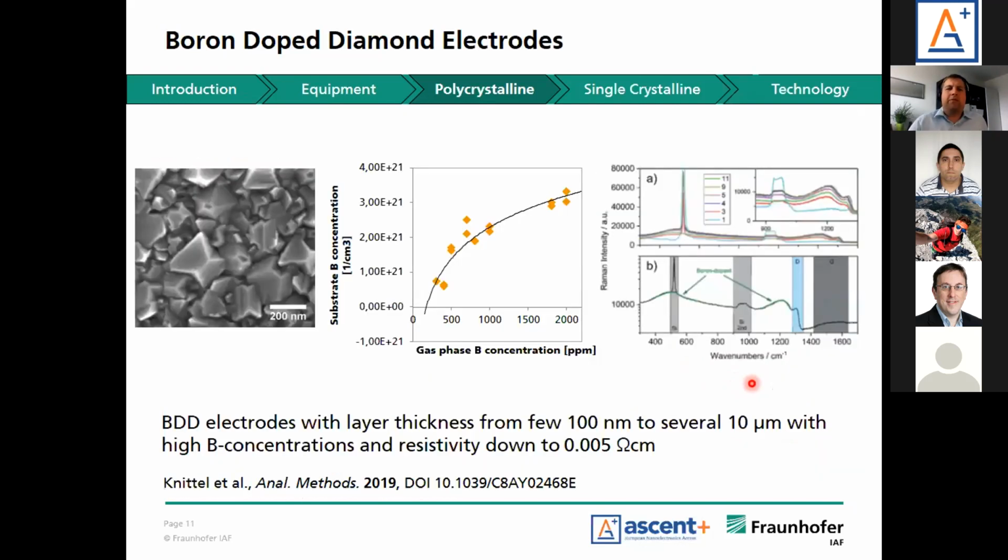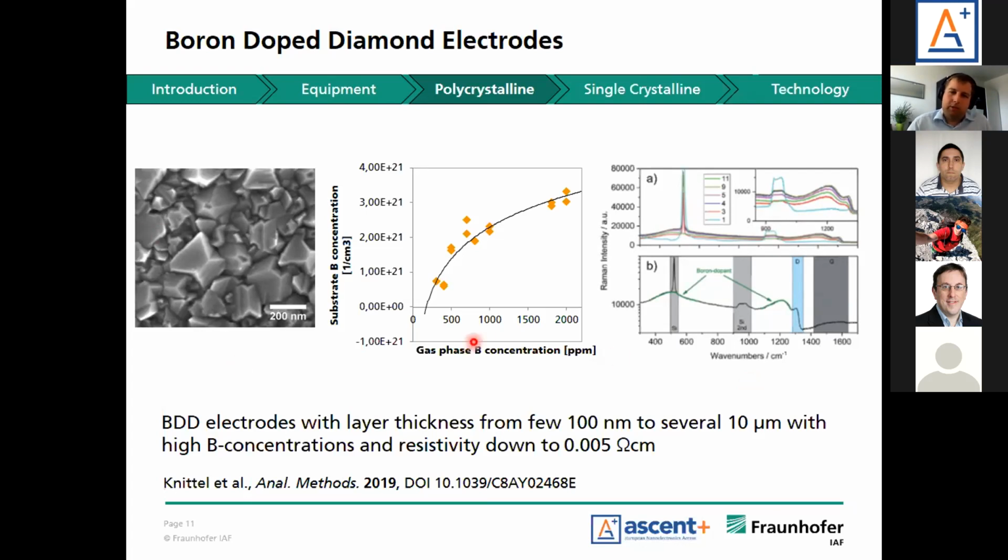Apart from that, for polycrystalline diamond, a very common application is generally electrochemistry. I actually forgot to put a cyclic voltammogram here. The benefit of using boron doped diamond electrodes is that you have a very large potential window in water that offers the possibility to detect a lot of different, for example, heavy metals in aqueous solutions. And diamond is easy to clean, it doesn't degrade, and it has a very low background current as well.